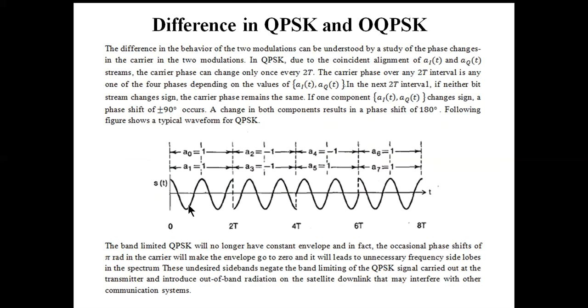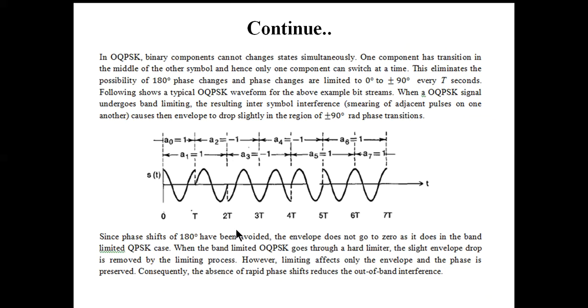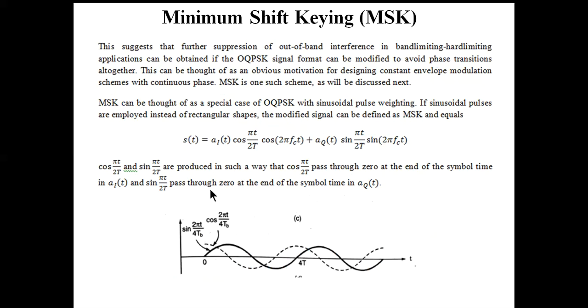You can see that for AQ(t), for each symbol A1, the duration is 2T. Here it was mentioned that sin(pi t / 2T) passes through 0 at the end of each symbol in AQ(t). So here 2T, 4T, 6T. In all cases you can see that these are passing through 0.